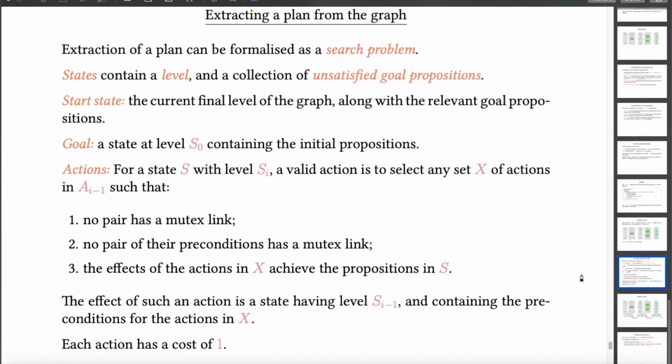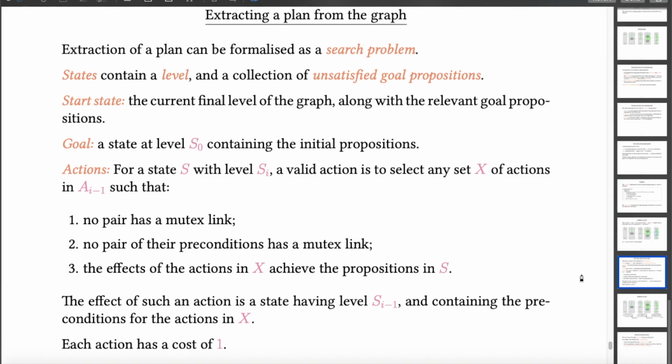And finally, the new state that this gets you to within your search problem for doing the plan extraction has a level corresponding to the preceding state level in the graph, and it contains the preconditions for the actions we've selected.